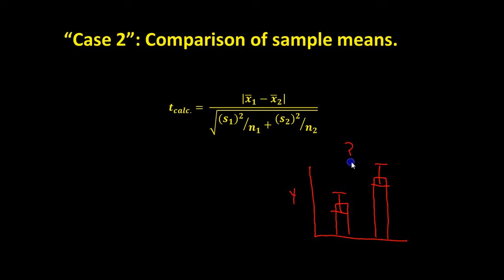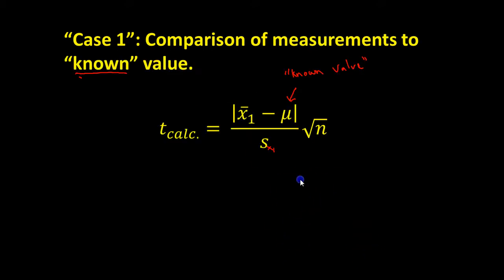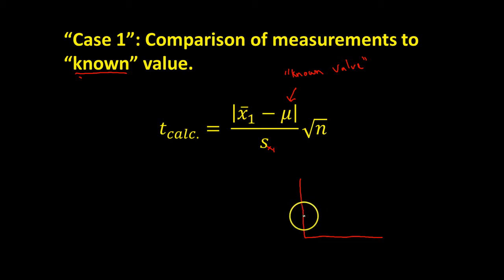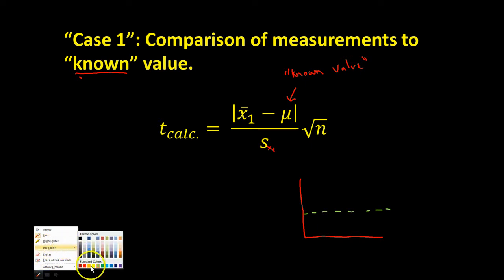So that's how that looks visually, the type of test you're trying to determine. If you compare that to case 1, let's say you have an absolute defined value of something, and we can put that value here. You want to know, is this the same or different than that value?